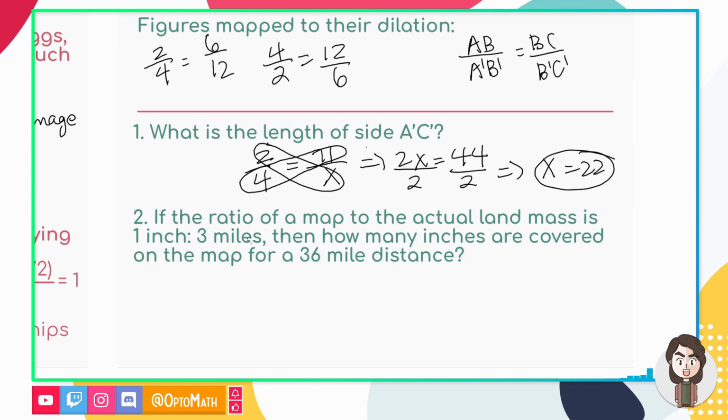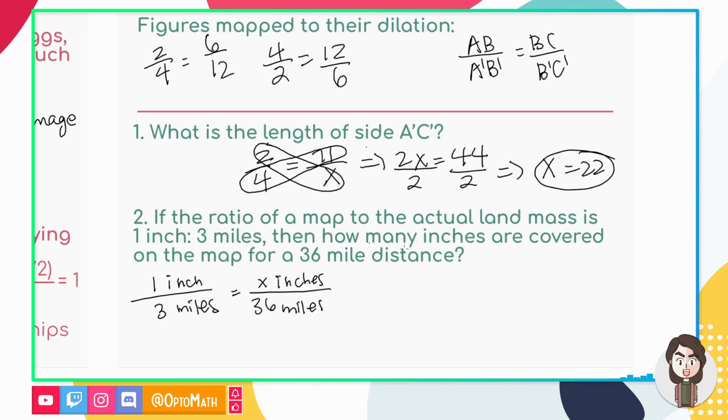And this tells us a ratio of a map to the actual landmass, and that's 1 inch to 3 miles. So let's write that out, 1 inch to 3 miles. And we want to know how many inches, so that's what we don't know, are on the map if it corresponds to a 36-mile distance.